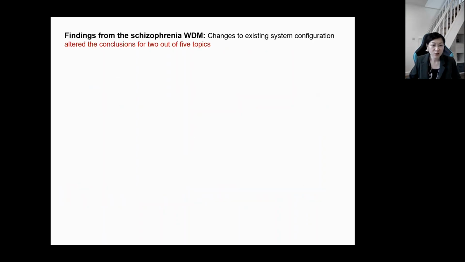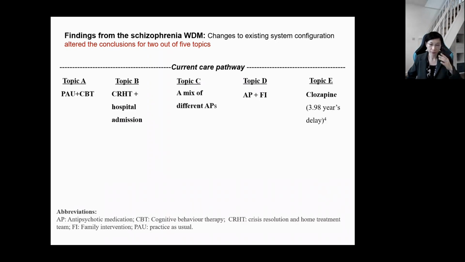So one of the interesting findings from my schizophrenia whole disease model is that changes to the existing system configuration altered the conclusion for 2 out of the 5 topics. So this shows the current pathway that I assumed based on the clinical guidelines and expert opinion.